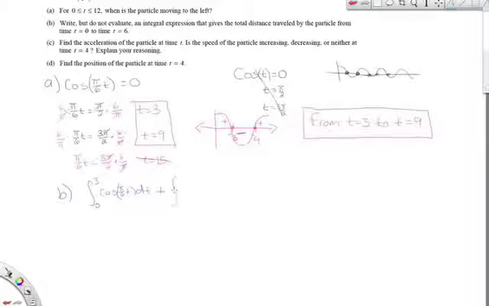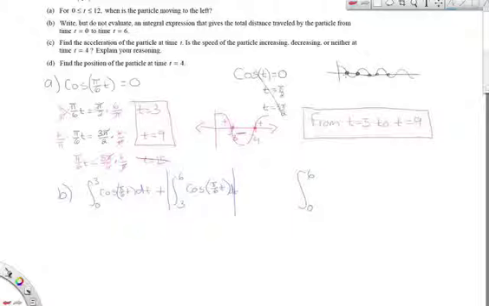plus 3 to 6 of the velocity. I could probably just say v of t or whatever they named it. But this piece is going to be negative, so I could do that. Or what could have been done is I could have just said from 0 to 6.